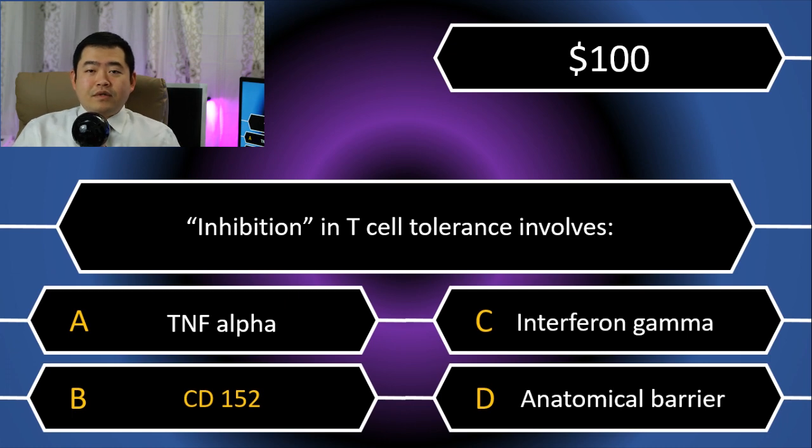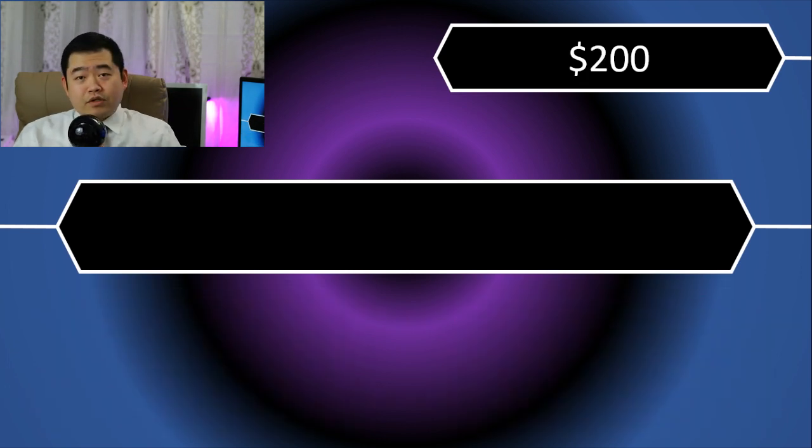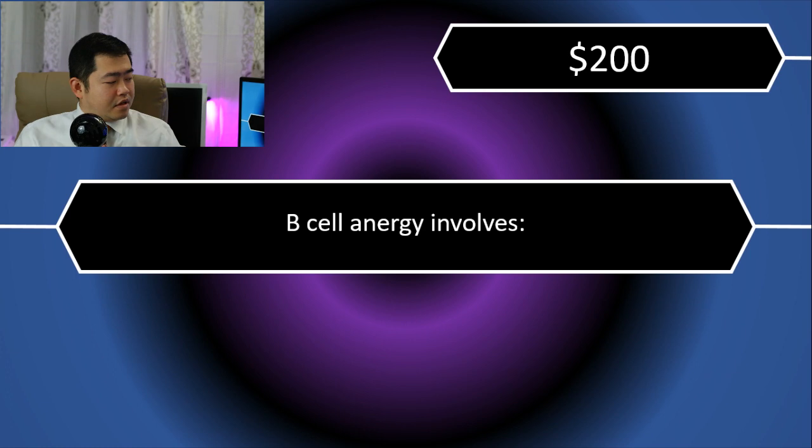Now let's go to the second question, the $200 question. This one is about B cell anergy. I asked you one question on T cells, and understandably you will see another question related to B cells. These are some of the newer concepts, so you're welcome to flip through your notes.